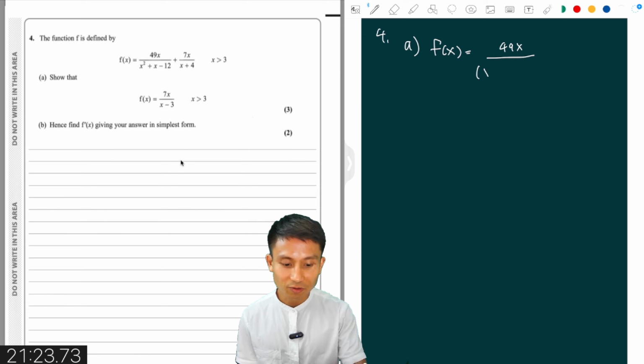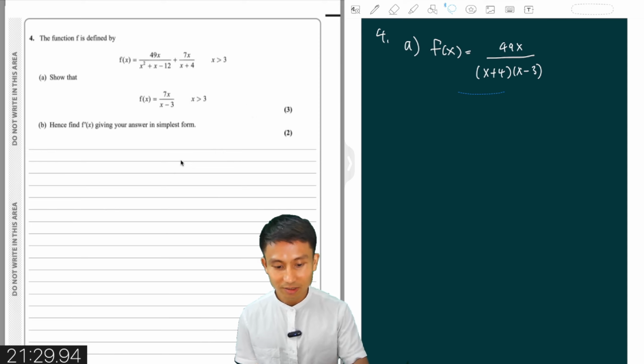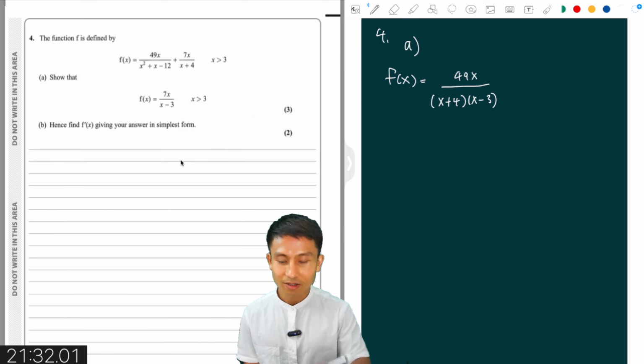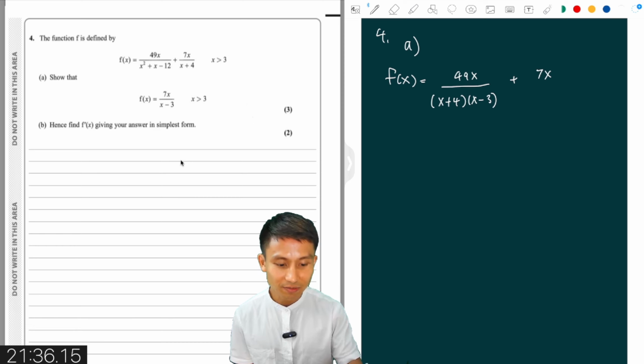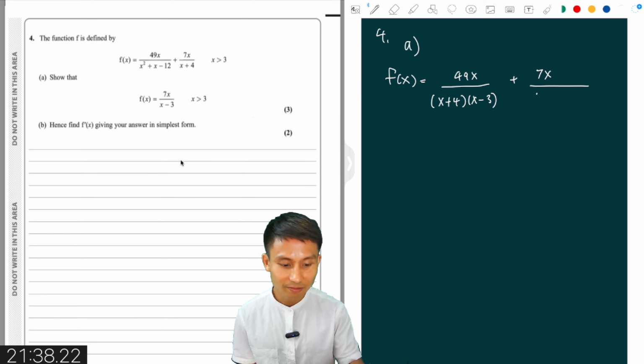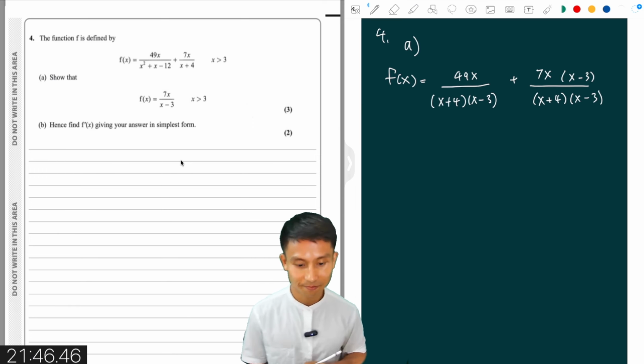So you can factorize this to be x plus 4 and x minus 3, can you not? Because doing that means that you don't need to multiply too much. So for the second term here, you can just multiply the thing by x minus 3 and x minus 3 to make the denominator the same.